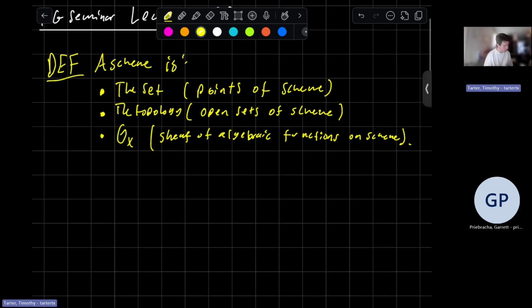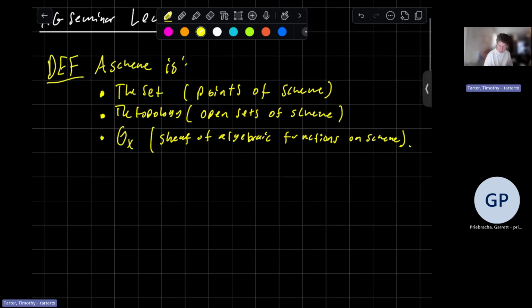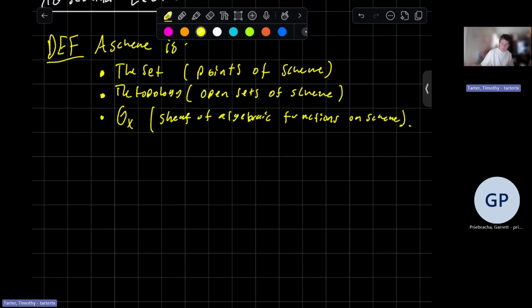It's worth noting that this is a sheaf of rings. So recall that a topological space with a sheaf of rings is called a ringed space.